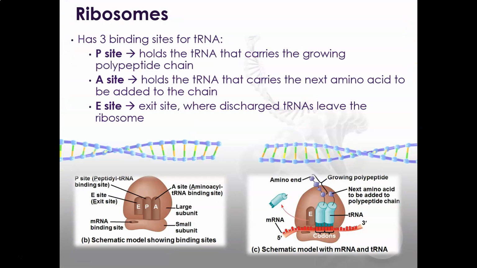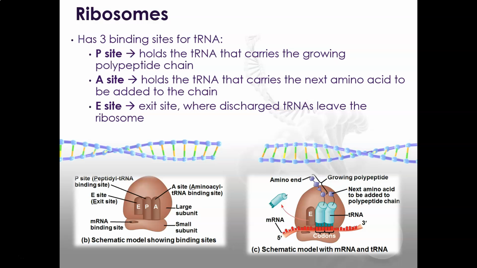So those binding sites each have their own corresponding function. When we look at your P site, this is the site here in the middle, and that's where most of the work is happening. This is where we're actually using the corresponding tRNA matching to the messenger RNA's codon, and we're starting to build the polypeptide chain.